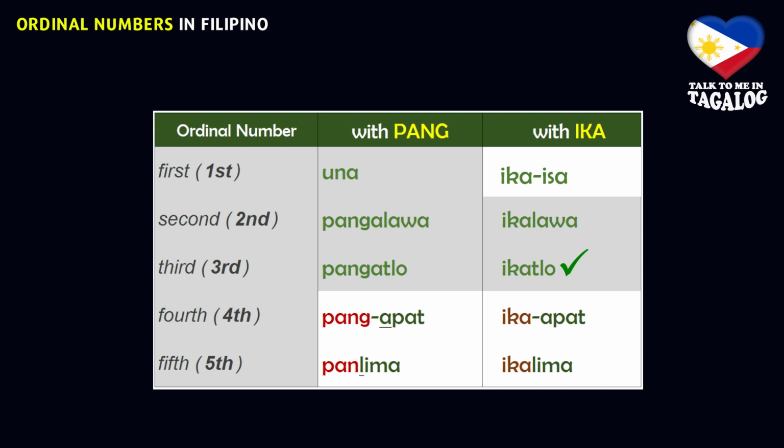Third is also an irregular formation, ikatlo. Fourth and the rest of the numbers follow the pattern ika plus cardinal number. So fourth is ikaapat. Fifth is ikalima.